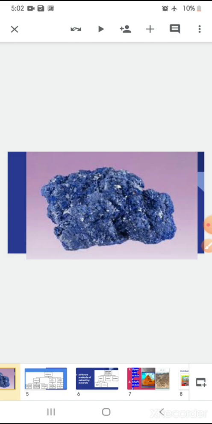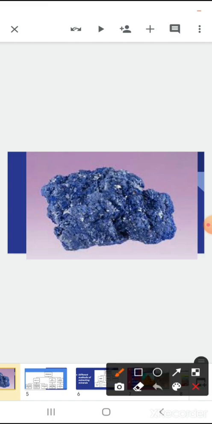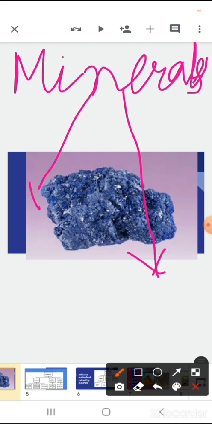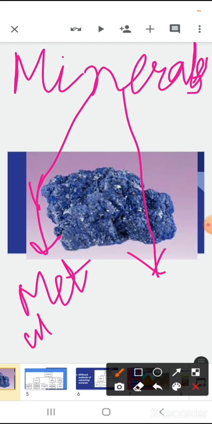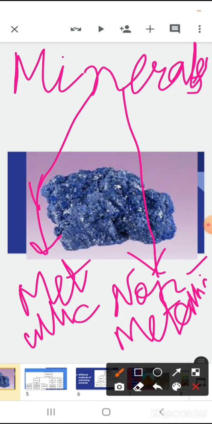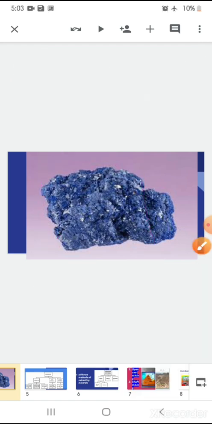Now, types of minerals. When we talk about minerals, there are two types: one we have metallic, and the other we have non-metallic.